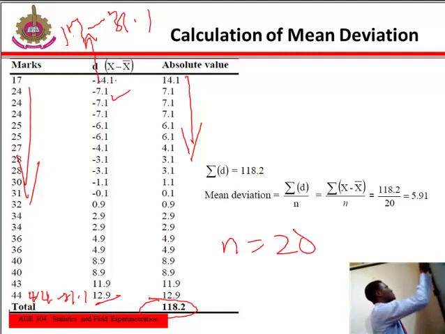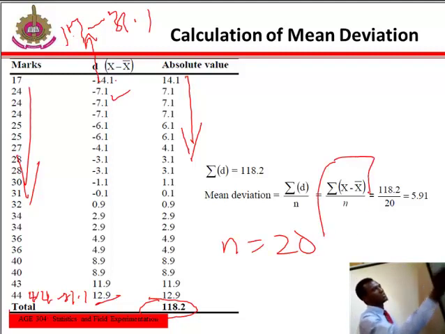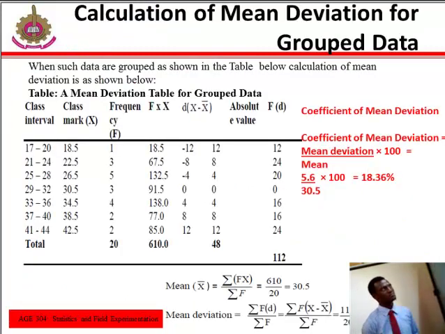If you count from 17 to 44, you have 20. Then we substitute it in this formula, and we have our mean deviation to be 5.91.